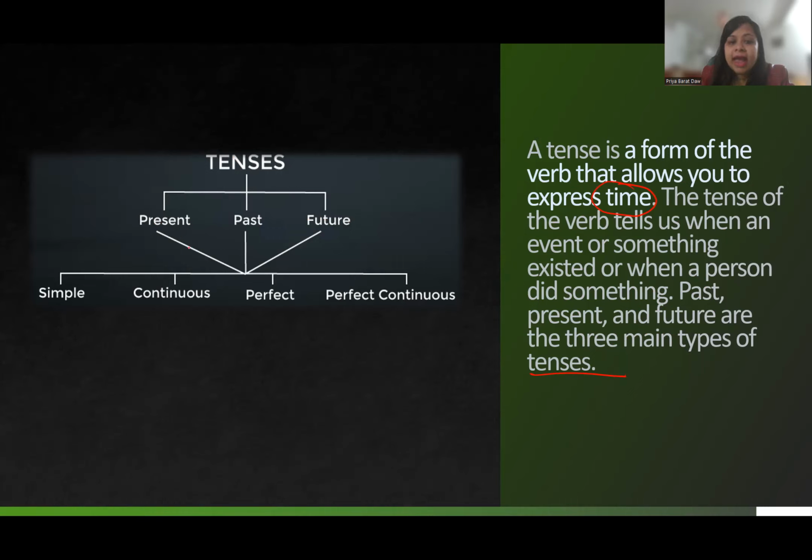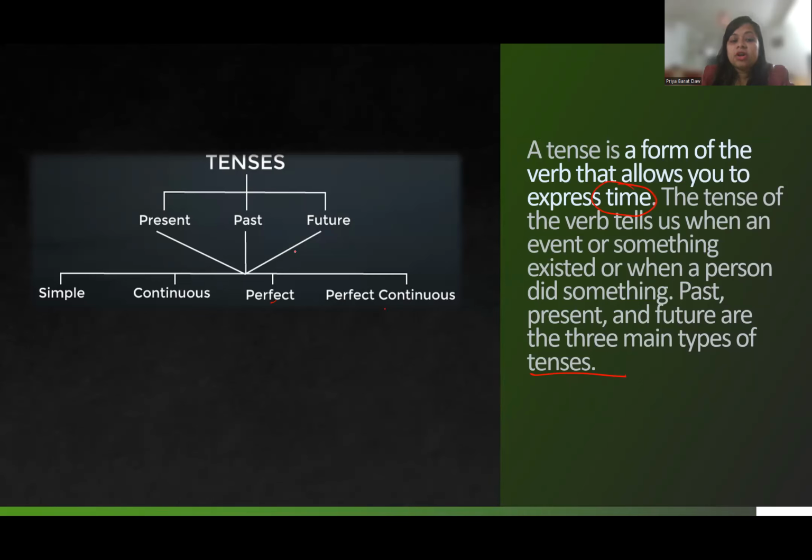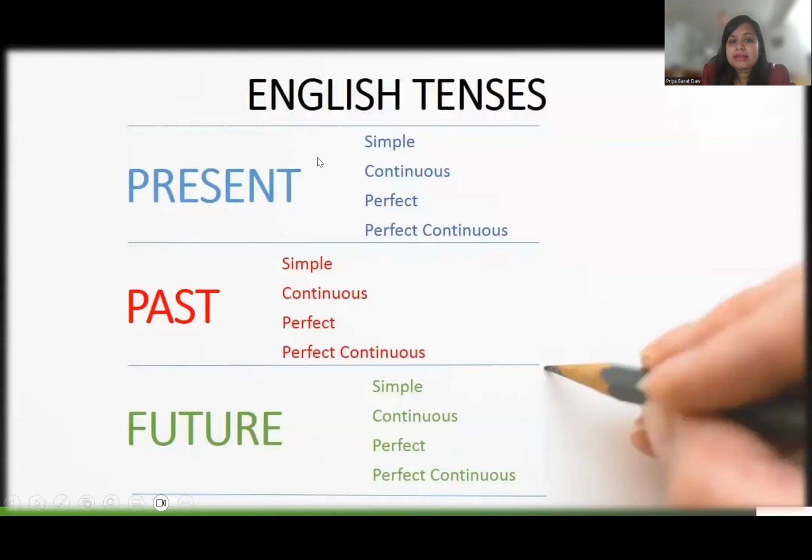And all of them have four different types. Present has simple, continuous, perfect, and perfect continuous. Past has the same: simple, continuous, perfect, and perfect continuous. Future also has the same types. Okay, now we will discuss them briefly.